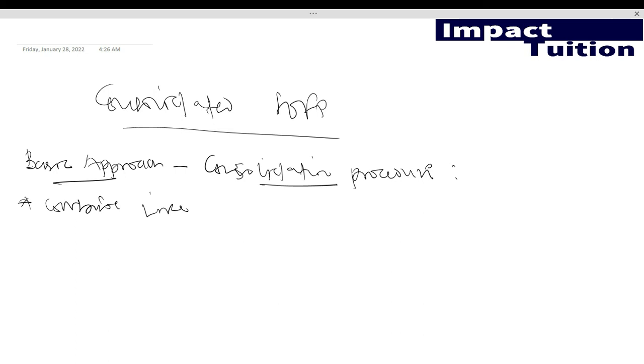Combine like items, assets, liabilities, expenses, and cash flow of the parent with those of the subsidiaries.